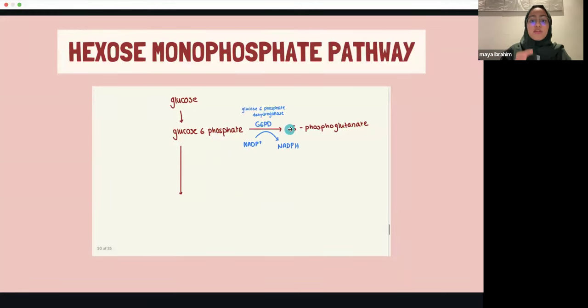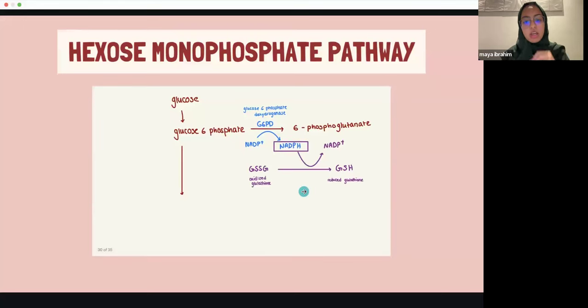With the help of the enzyme, we need NADP plus, which takes the hydrogen from glucose 6-phosphate and becomes NADPH. Why do we need this NADPH? We need it to convert oxidized glutathione to reduced glutathione. Do we have it here so far?